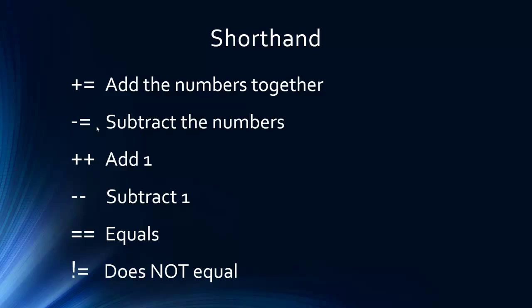Now, the one thing I want to bring out is the plus plus and the minus minus. The add 1, subtract 1 does not occur until the end of the line, when the end of the line is processed. So if I did x equals 5, and then I did x plus plus, in the REPL environment, it would still say x equals 5.